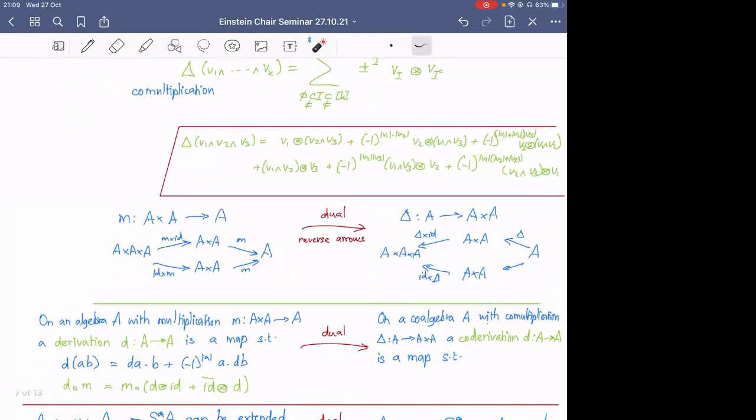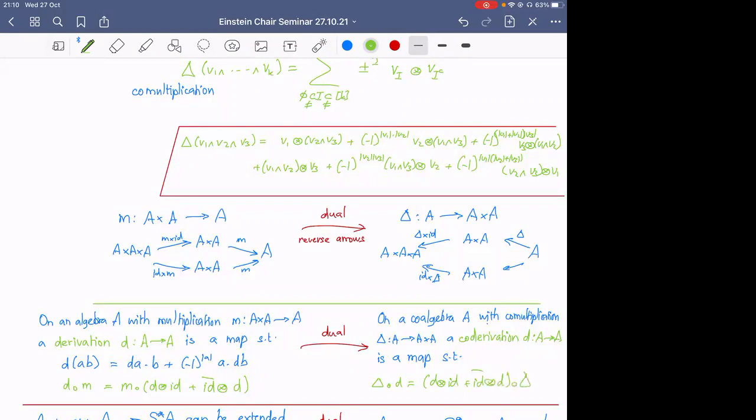Now, on an algebra with multiplication, a derivation is something which satisfies the Leibniz property, which you could write composing the maps D and M. By this idea of reversing arrows to produce the co-object, a co-derivation will be anything that satisfies precisely that delta composed with D is D composed with identity plus identity tensor D composed.